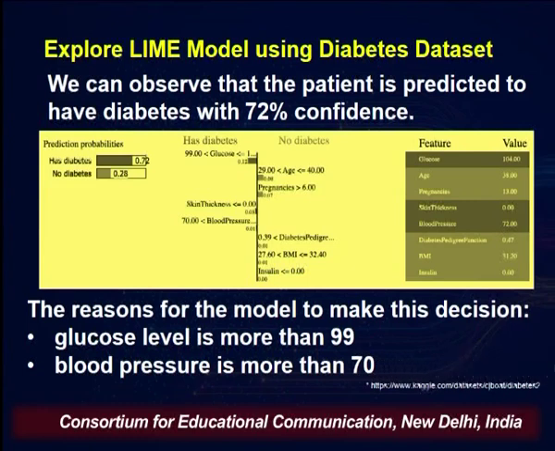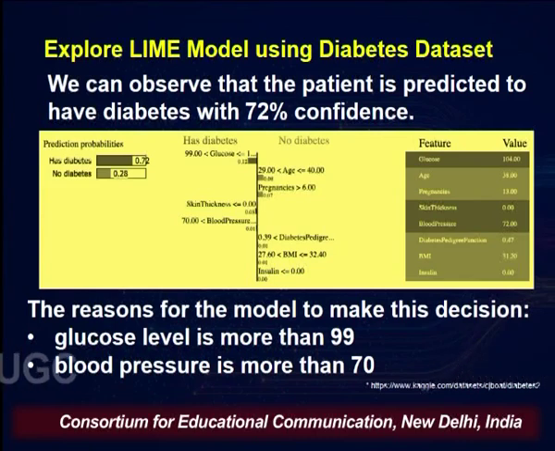So here you can see that there are some features that are clearly lying towards has diabetes, and there are certain features that may not affect much to find out whether the person is having diabetes or not. So they are not the driving factors to analyze.